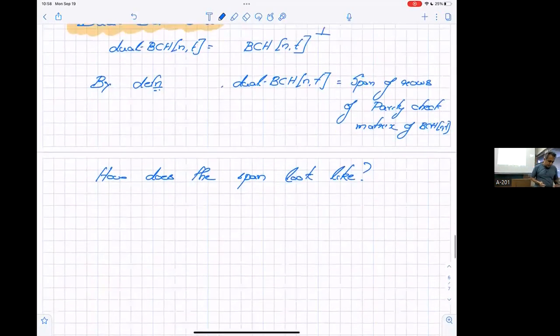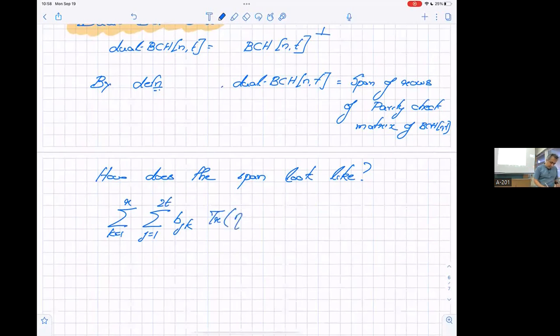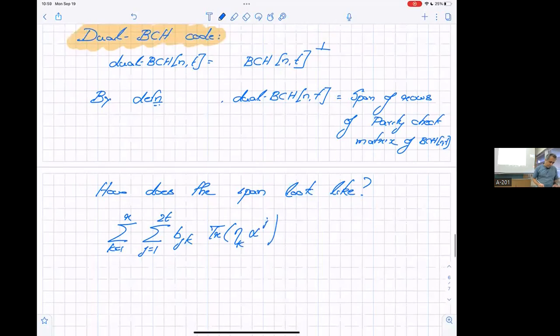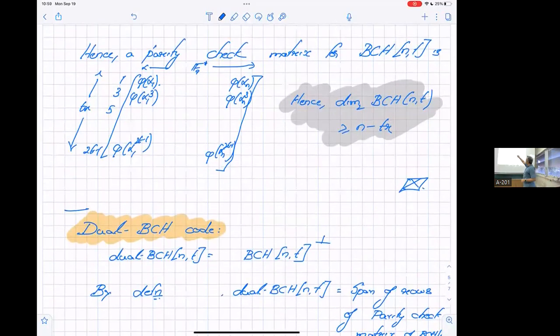So the span looks like this. It's basically a summation over j and k, with k going from 1 to r and j going from 1 to 2t, of b_jk times trace of the j-th row.